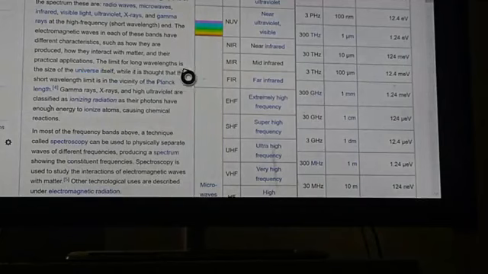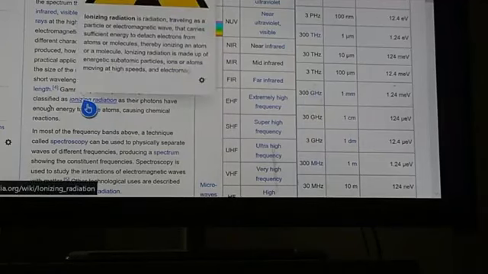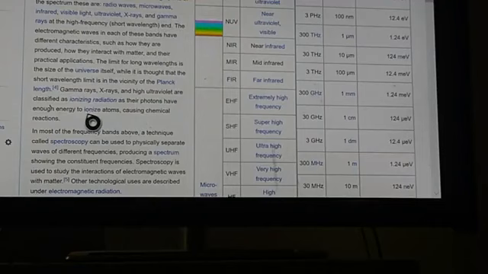The limit for long wavelengths is the size of the universe itself, while it is thought that the short wavelength limits are in the vicinity of photons, light. Photons, if you don't know ionizing radiation, check this out. It's basically atoms, the energy to ionize atoms, right?